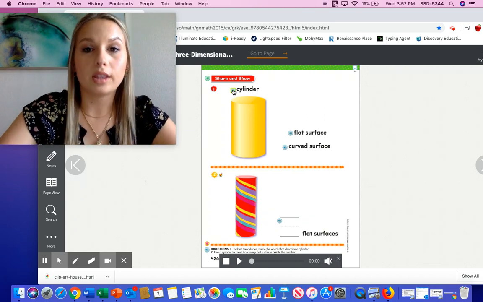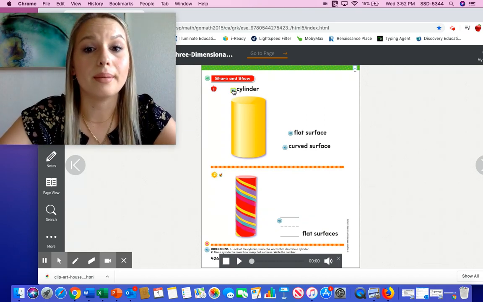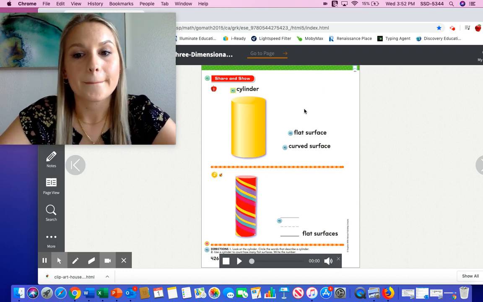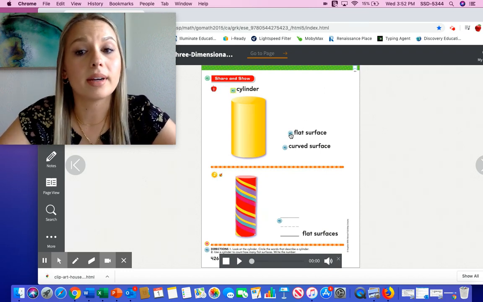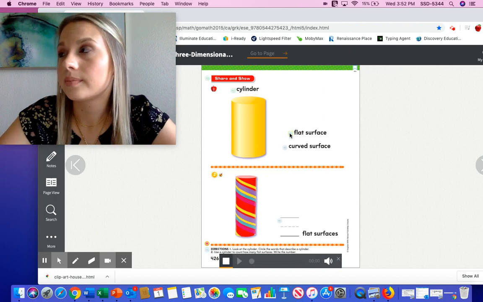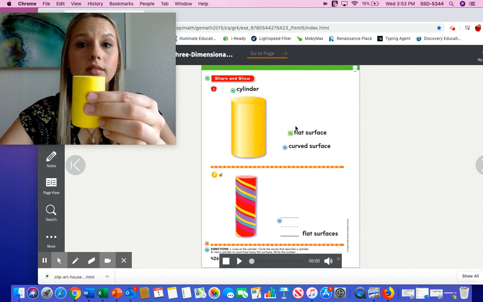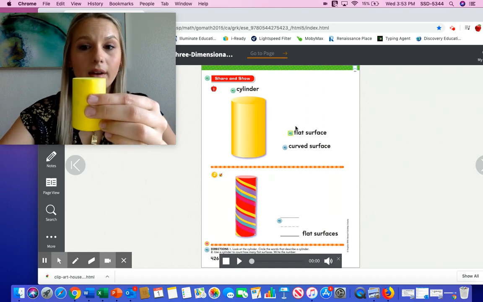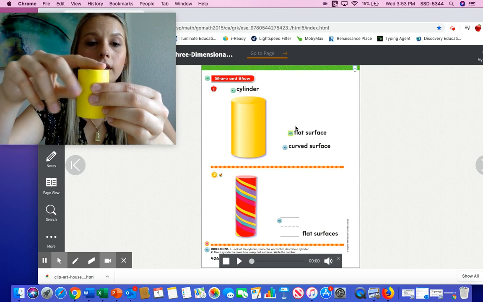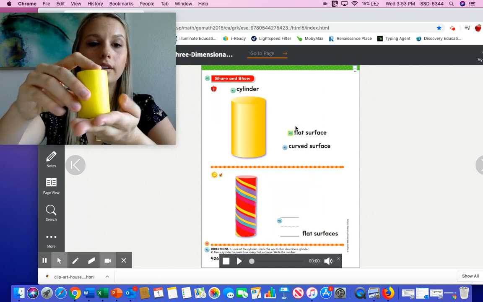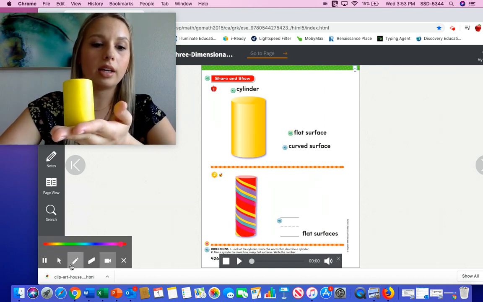Okay, we have to find the words that describe a cylinder. Is this a word to describe a cylinder? Let's listen. Flat surface. Can you describe a cylinder as having a flat surface? Yeah, right? Flat surface up here and flat surface down here. So let's go ahead and circle that. We can use that word.